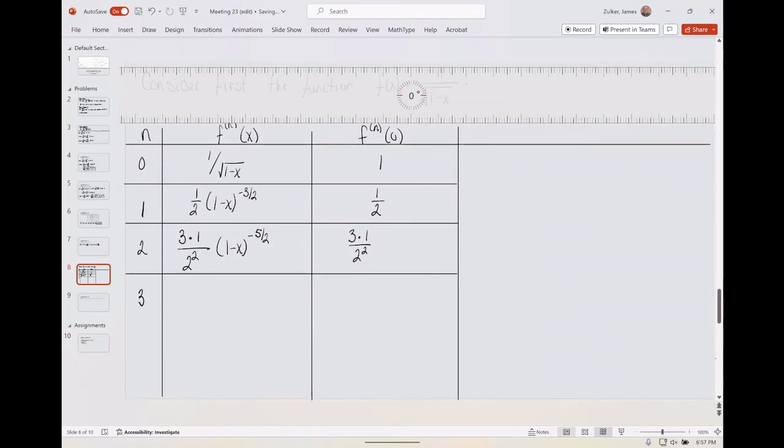Let's look at the third derivative. So now what is the derivative of that previous entry?